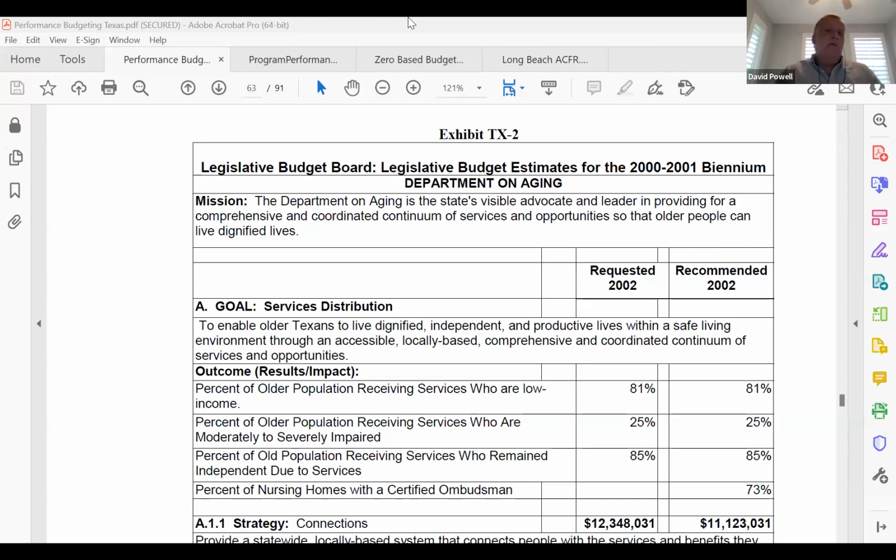We said an example of a legislatively dominated process was the state of Texas. And you'll see this budget is from the Legislative Budget Board. And we had mentioned last week that the Legislative Budget Board shares the duty of putting the executive budget together with the governor's office. So the governor has to split their power with this Legislative Budget Board. On this Legislative Budget Board, you will have leaders from the state legislature.